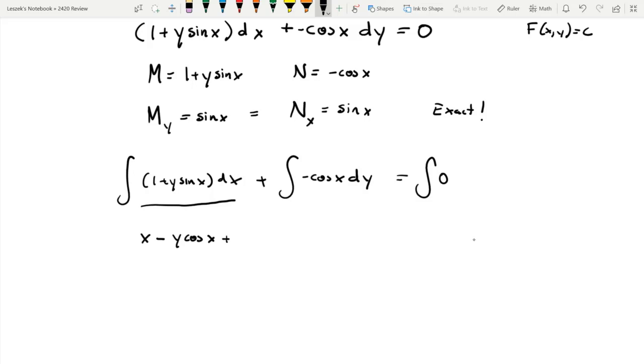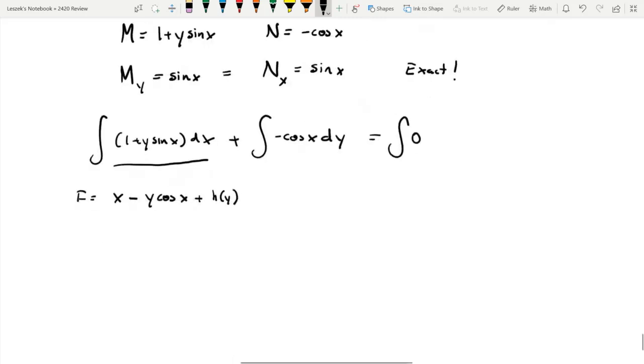And instead of a constant of integration, you're going to get a function of the other variable. So let's say h of y. Okay. And so in a sense, this is your f. On the other hand, if you integrate this with respect to y, you would get minus y cosine x.